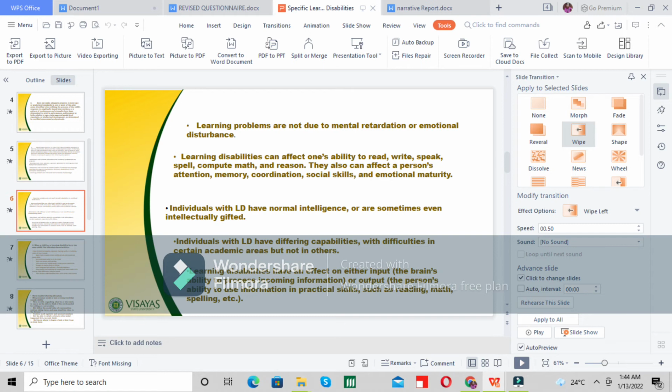Okay, the next one is, individuals with learning disabilities have normal intelligence or are sometimes even intellectually gifted.